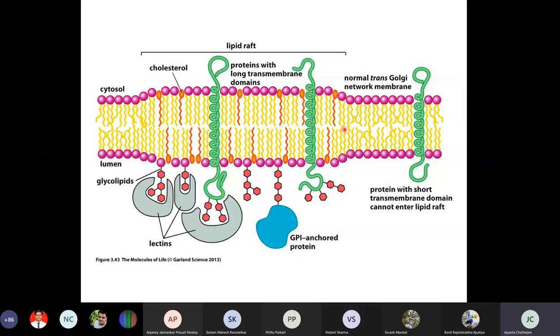People realized the presence of lipid rafts because, unlike the other part of the membrane, which you can extract using a mild detergent, there are certain regions which are very difficult to solubilize, and those regions are called lipid rafts. That's how people initially realized that there are certain regions in plasma membranes which are very thick. And eventually, lots of work is still being done to identify what is typically present in lipid rafts.